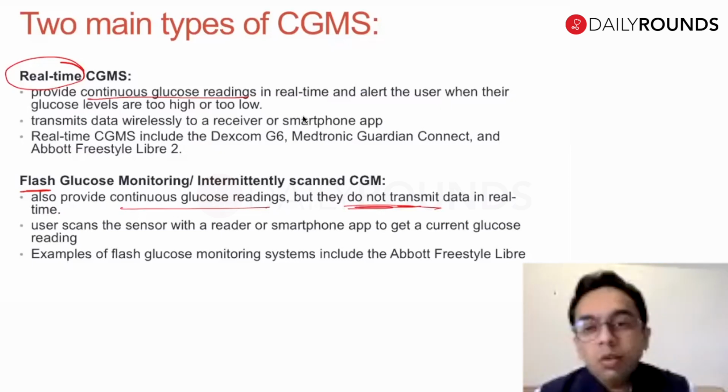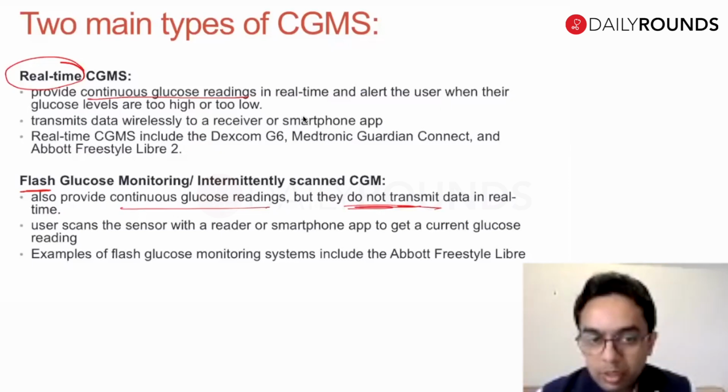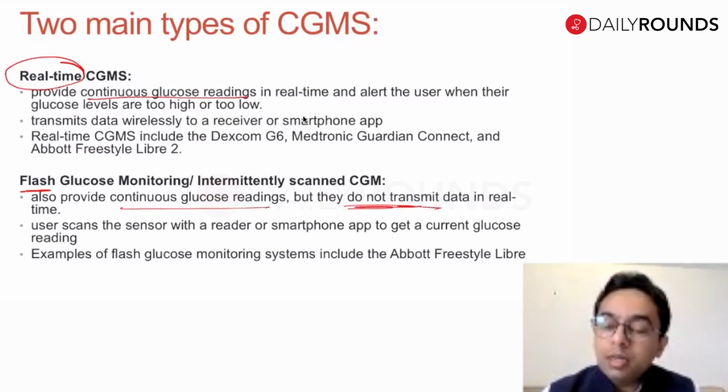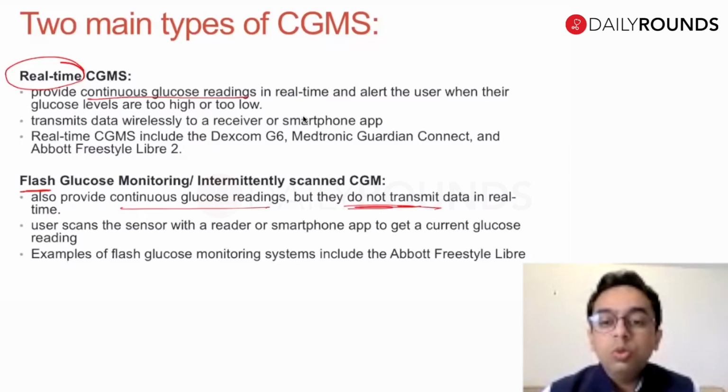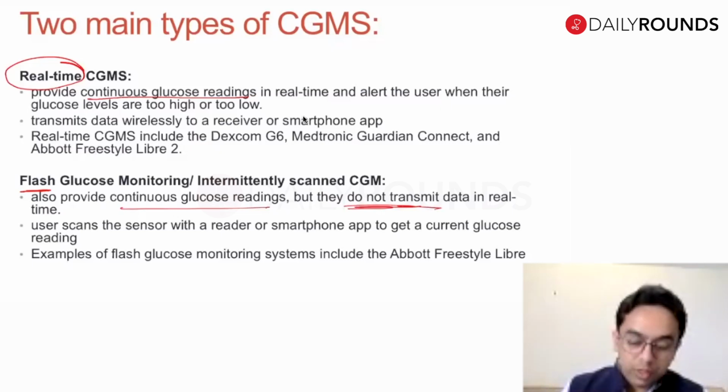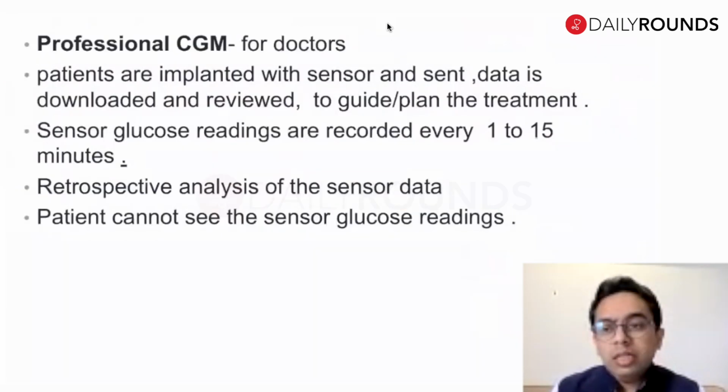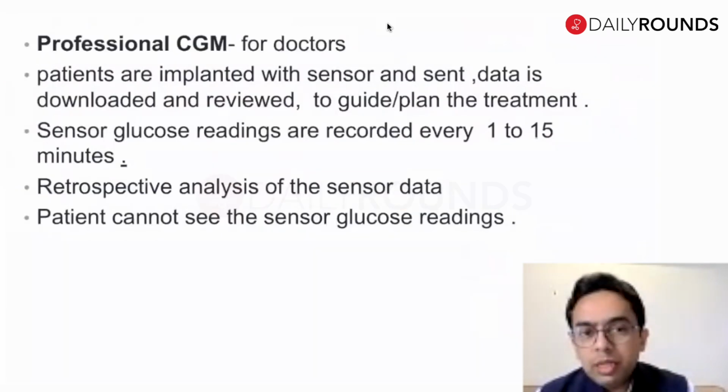Then there is something called professional CGM, the third type, where the data is recorded, but the patient cannot see it, and retrospectively the data is given by the doctor to the patient. That is professional CGM. This is mainly for the doctors.